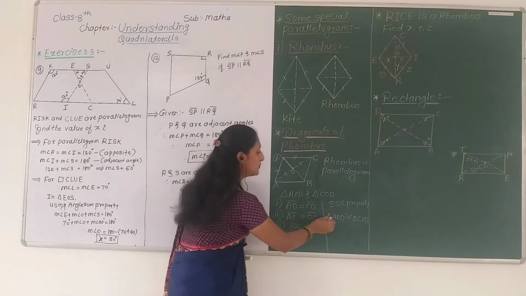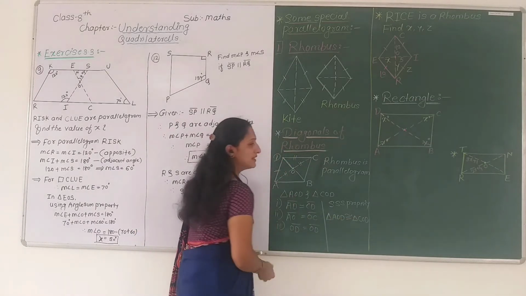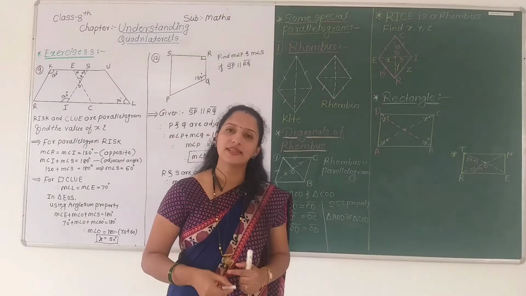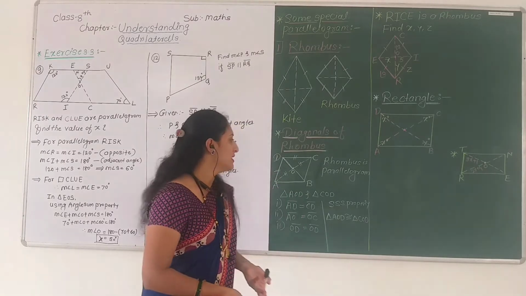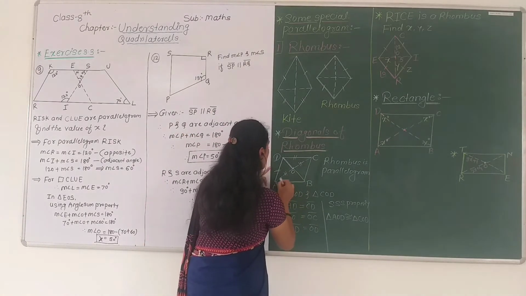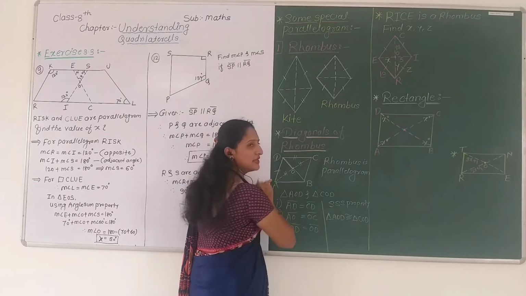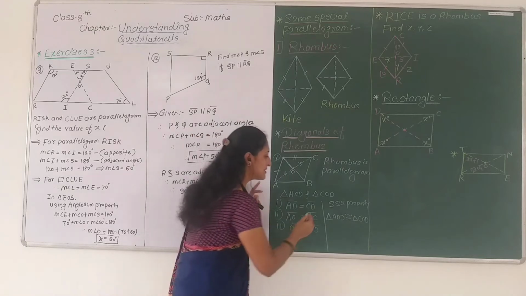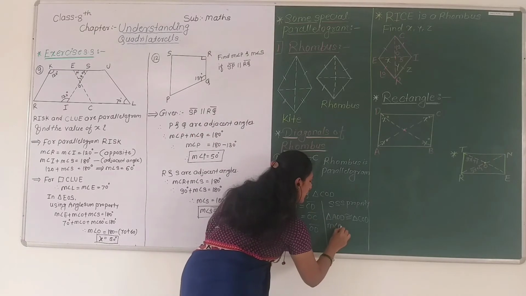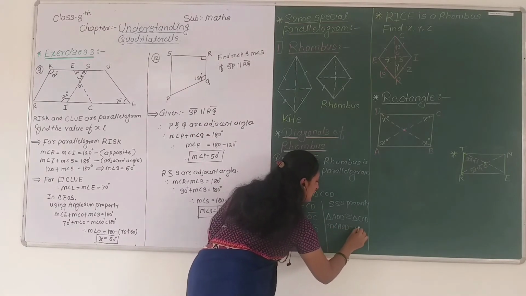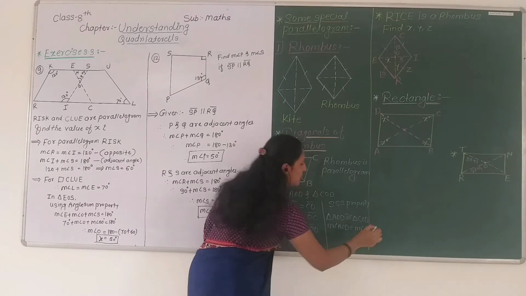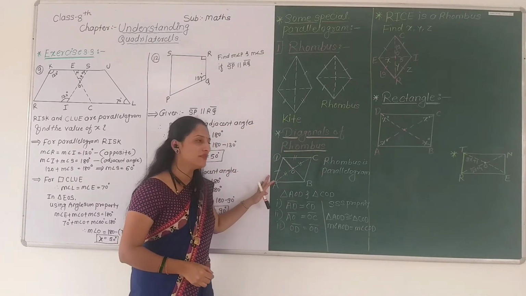Now if these two triangles are congruent, then their corresponding angles are also the same. So from this we get measure of angle AOD is equal to measure of angle COD, corresponding angles. Both these angles are equal.